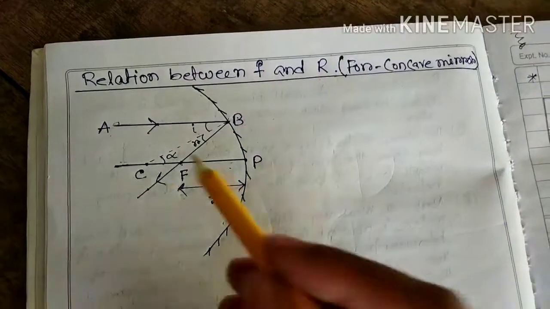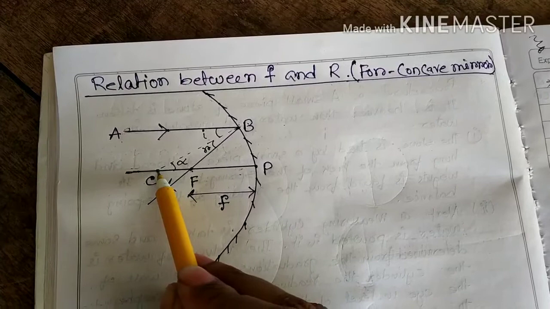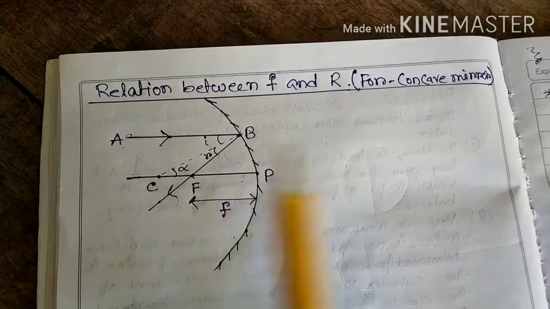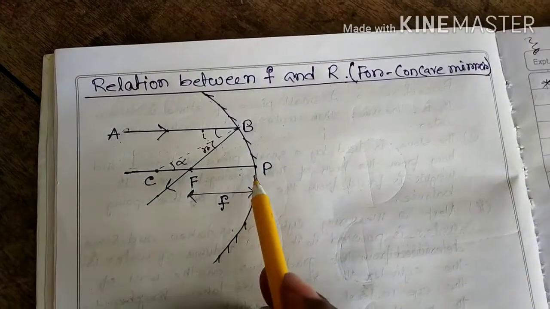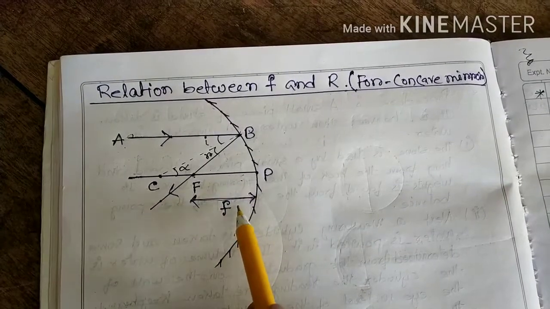Here we also get the center of curvature, that is C. This is the incident ray, this is the reflected ray, this is the focus, and this is the pole. The distance from pole to focus is F, that is focal length.